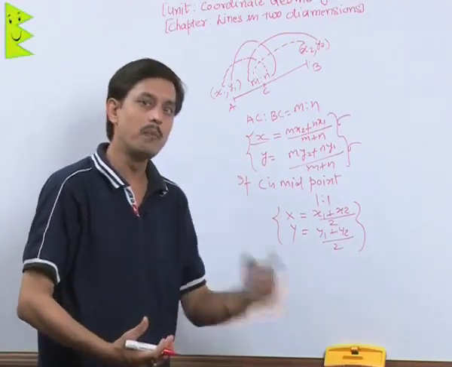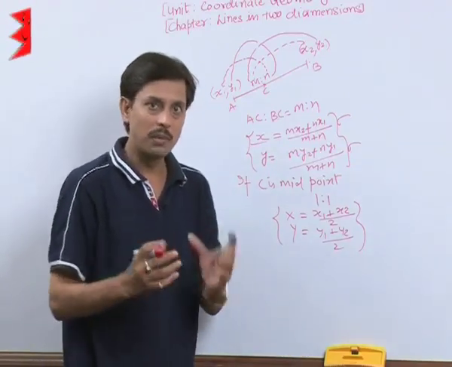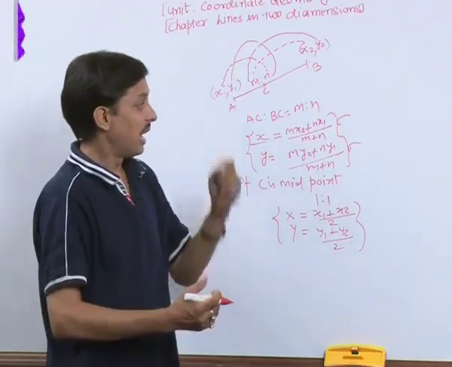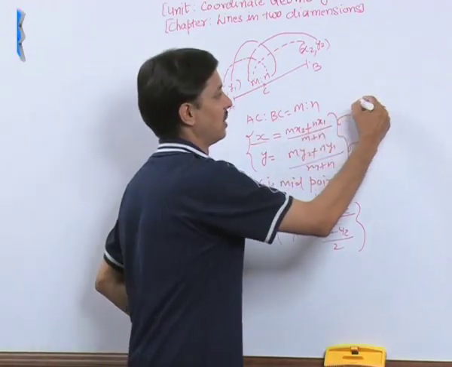And there is one very important problem that comes sometimes, if it is written that points are trisecting. As and when trisection is given, you must understand it like this.